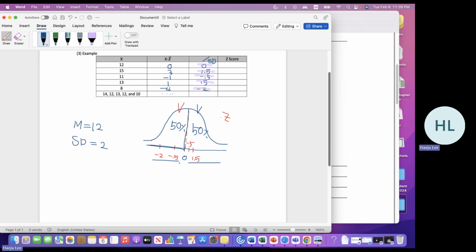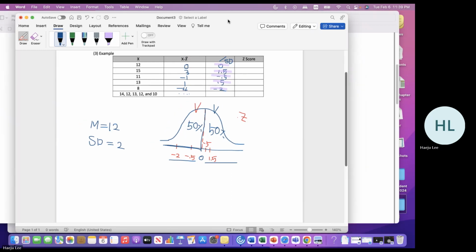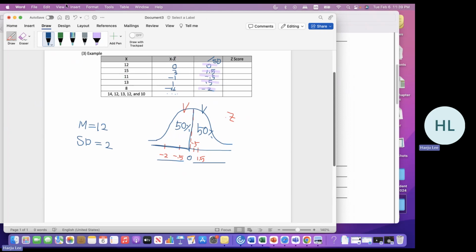Using this characteristic of the G distribution, we can compute the probability for the scores.